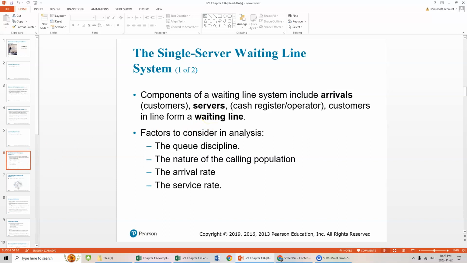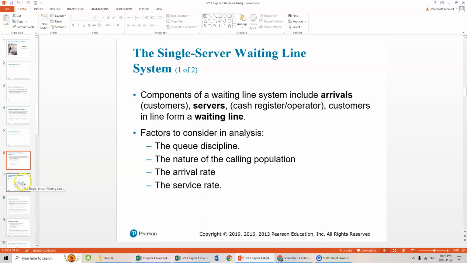Components of a waiting line system include arrivals in terms of customers, servers, such as a cash register operator or someone helping us, customers in line forming that waiting line versus customers in the system. Factors to consider in analysis, we'll talk about each of those in the next slide. We have the queuing discipline, the nature of the calling population, where the customers are coming from, the arrival rate, and the service rate.